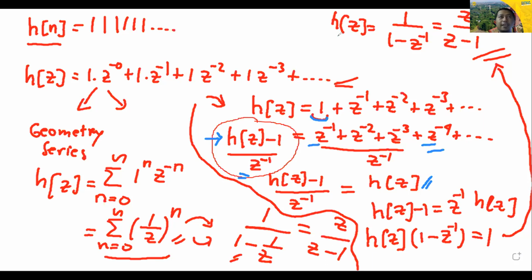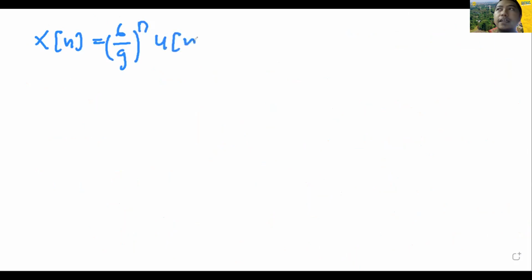Okay. No question? Okay, I will clear all this one. So let's make an exercise as you requested in the survey. Okay, I have x[n], maybe 6 to the power of n, u[n].